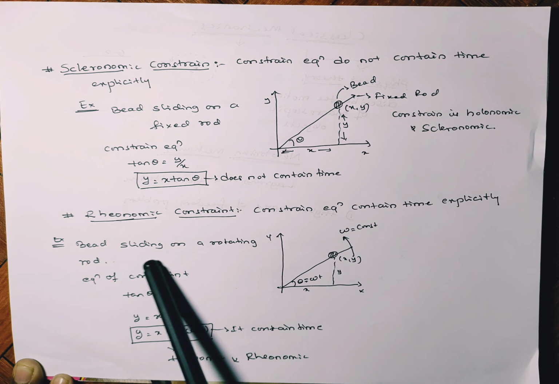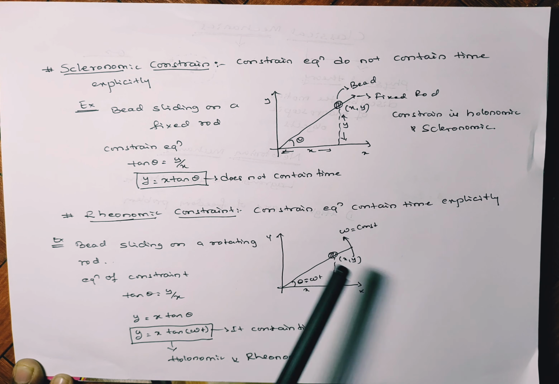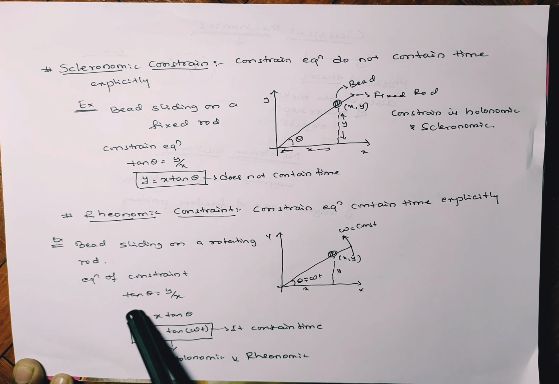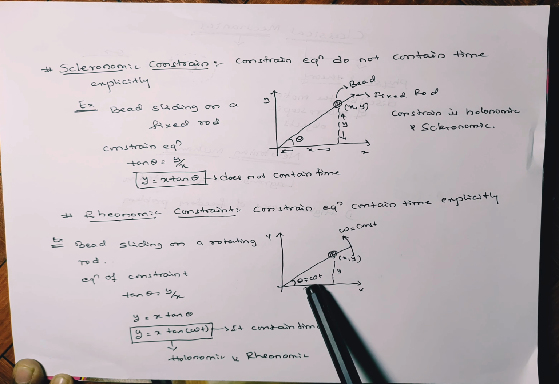So the bead slides on the rotating rod. Then the equation of constraint is again tan theta is equal to y by x. So y is equal to x tan theta, and theta here is an angular displacement.